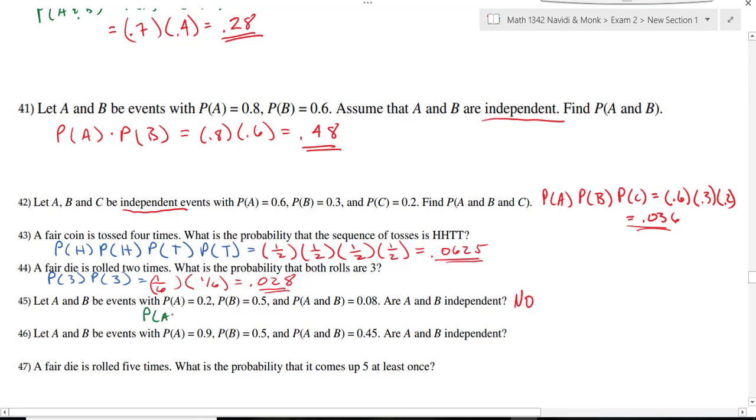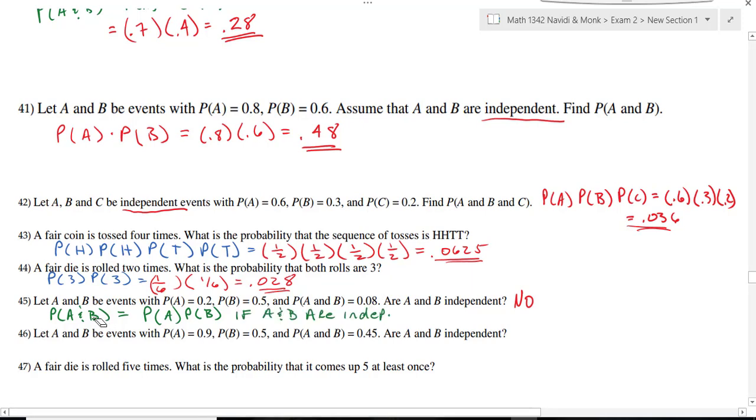If they were independent, the probability of A times the probability of B would be equal to the probability of A and B. Since they're not equal, they're not independent. Because if I multiplied these two numbers together for the probability of A and the probability of B, I don't get 0.08.